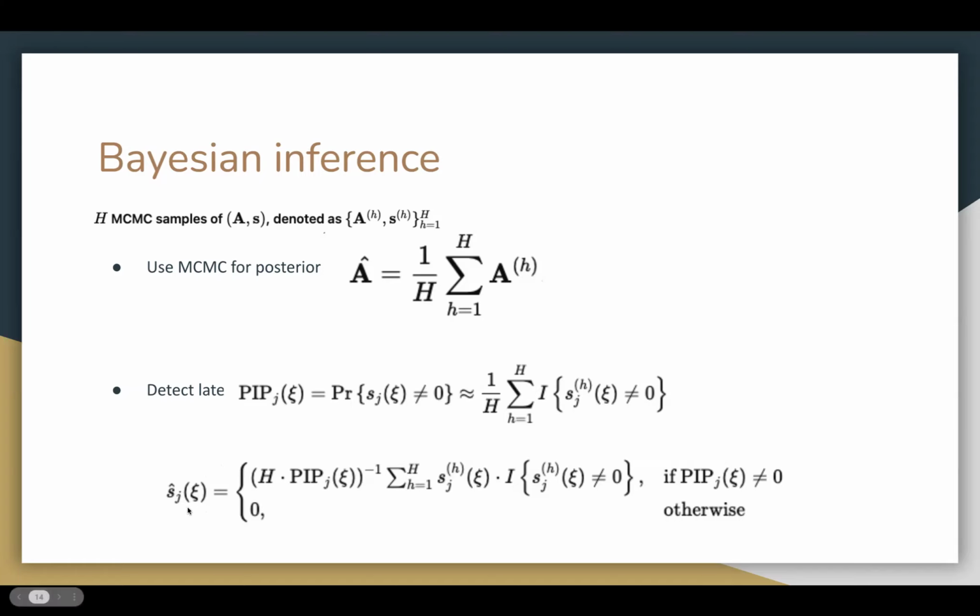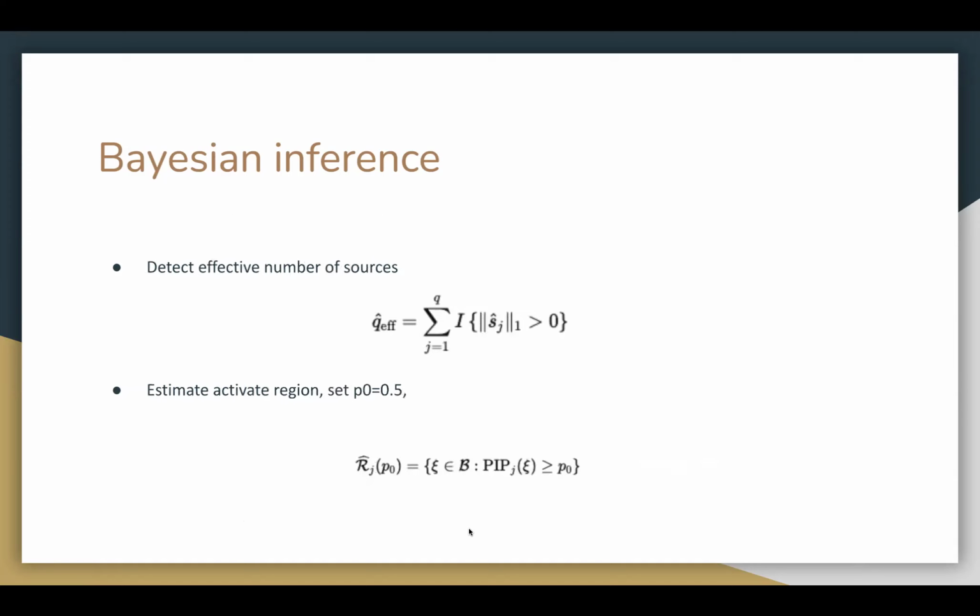The latent functions will be considered as this average. You don't need to worry about it. It is the summation of all of the non-zero values, averaged. So this is how you consider S, and elsewhere, if it's not, it will be zero.